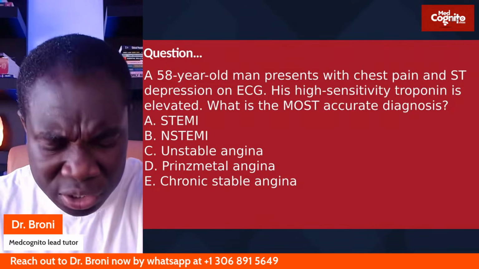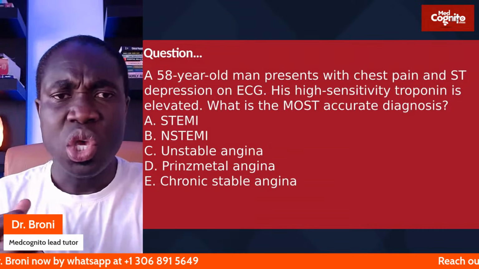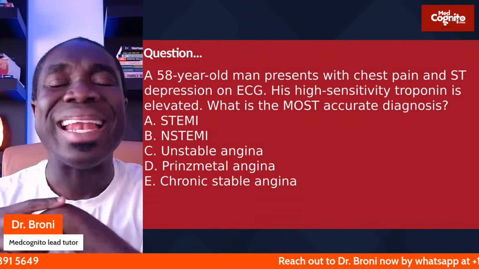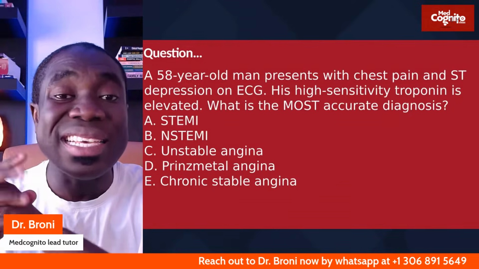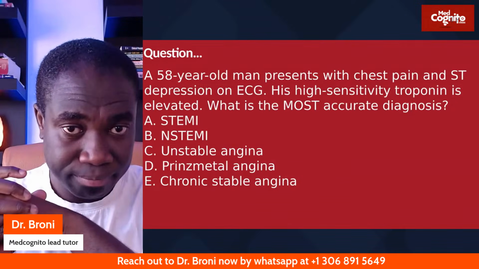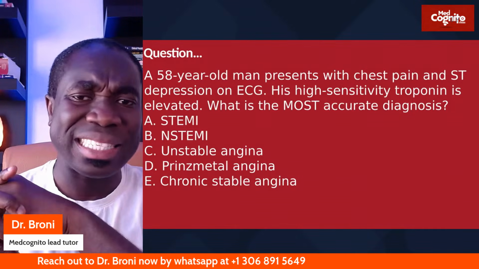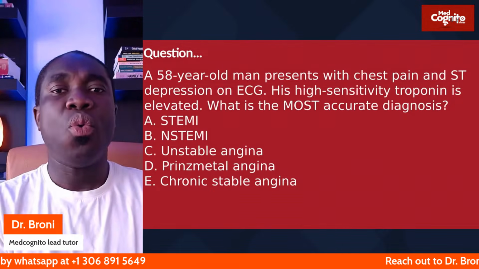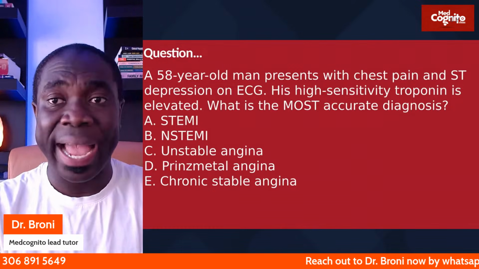So now let's do some questions. You have a 58-year-old man who presents with chest pain and ST depression on ECG. His high sensitive troponin is elevated. What is the most accurate diagnosis?